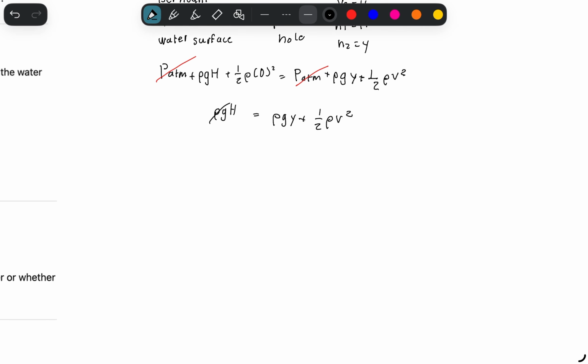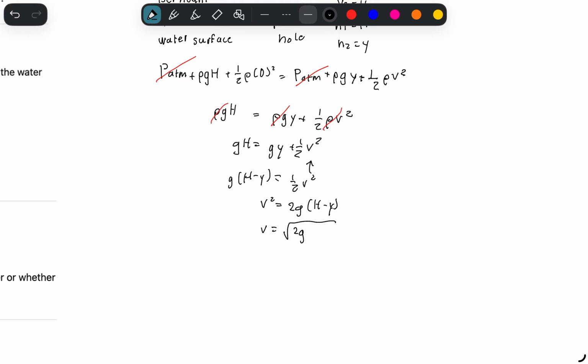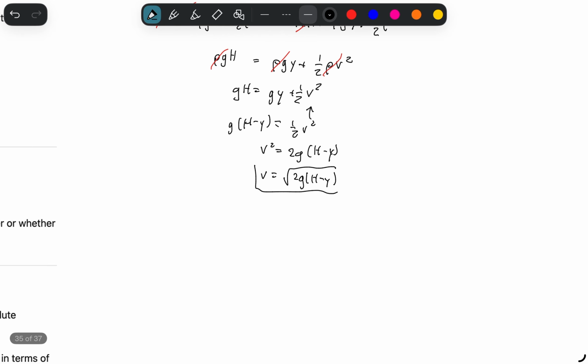You can also cancel your rho. We can solve for v. So this is your answer for A.